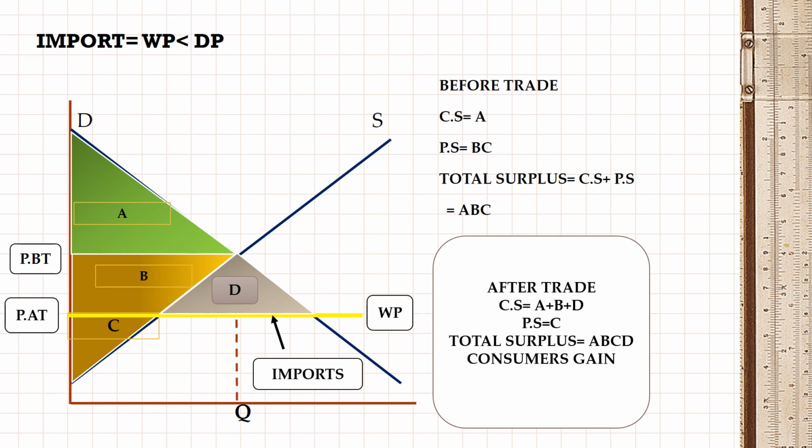So your producer surplus is only left to C because that is the only area below the price and above the supply curve. So let's see how your total surplus changes. Total surplus is A, B, C, and D. Again, even though we see producers are worse off and consumers are better off, we cannot say it's a bad decision because we always compare total surplus. So here total surplus is greater. It's a good decision.